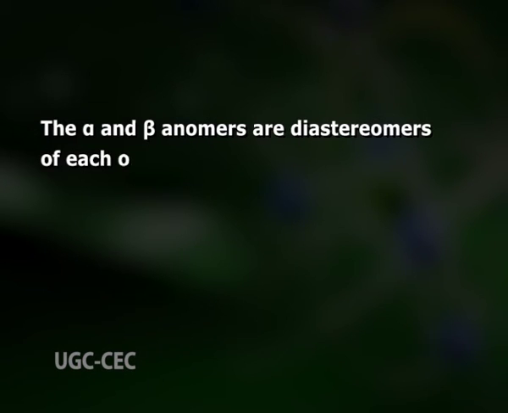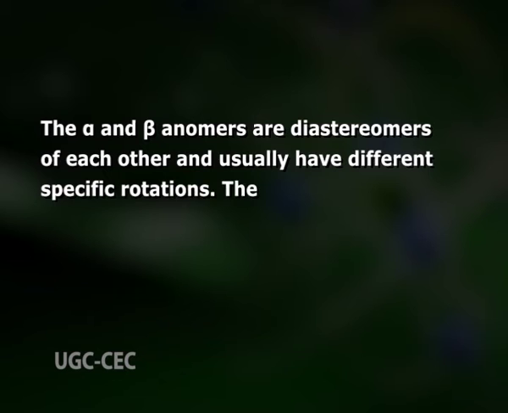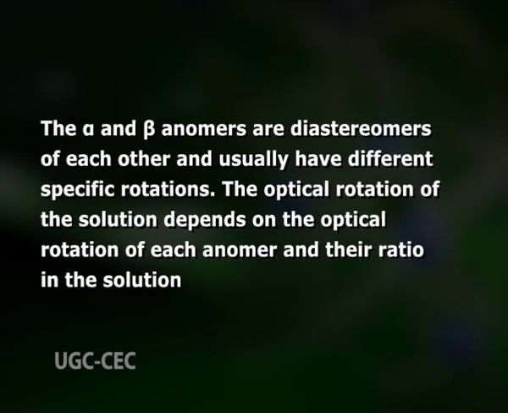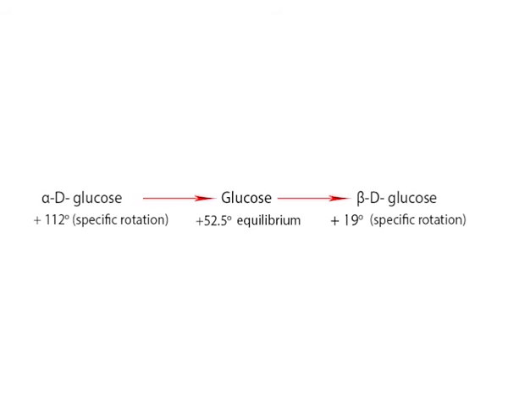The alpha and beta anomers are diastereomers of each other and usually have different specific rotations. The optical rotation of the solution depends on the optical rotation of each anomer and their ratio in the solution. When D-glucose is crystallized at room temperature and a fresh solution is prepared, its specific rotation of polarized light is plus 112 degrees.